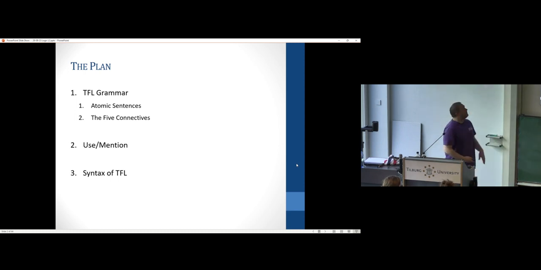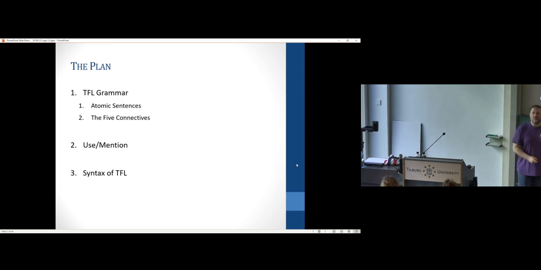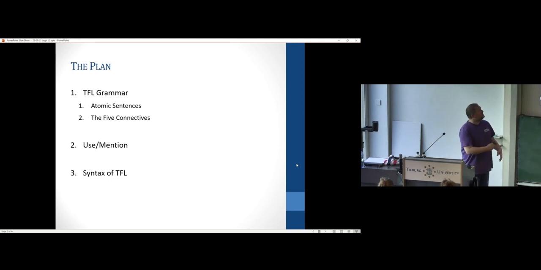The little bit of philosophy of language is going to be on a distinction that's really important and useful in lots of different areas, but it's vital for us because we need it in order to actually state our grammar rules. And that's what we'll do at the very end. We'll state our grammar rules fully and completely. I'm going to give you a complete definition of a sentence in TFL.